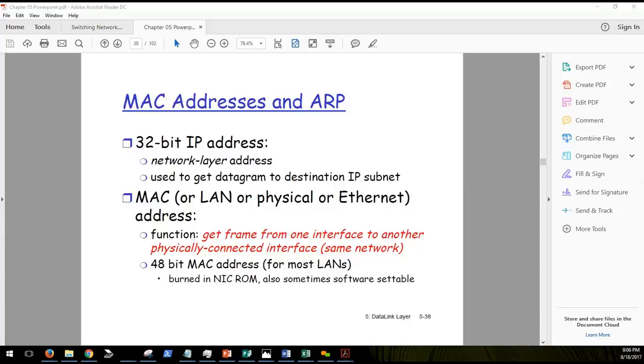An Ethernet port and a network interface port are one and the same.